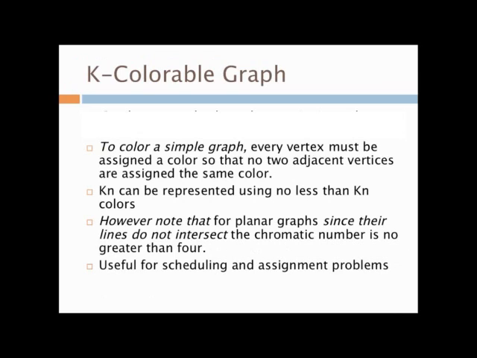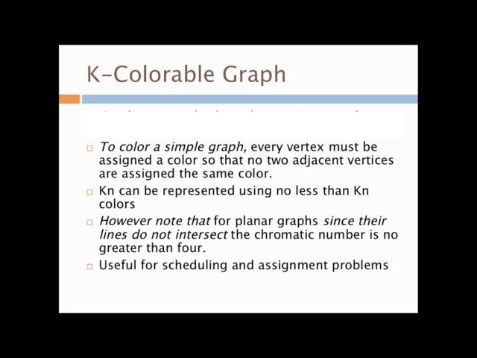Our last example shows how assigning colors makes it easier to visualize adjacencies in graphs. They are called K-colorable graphs. To color a simple graph, every vertex must be assigned a color so that no two adjacent vertices are assigned the same color. K sub n can be represented using no less than n colors.